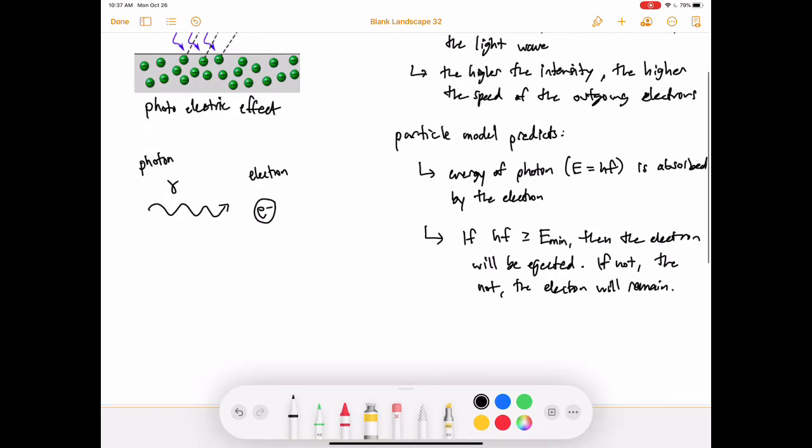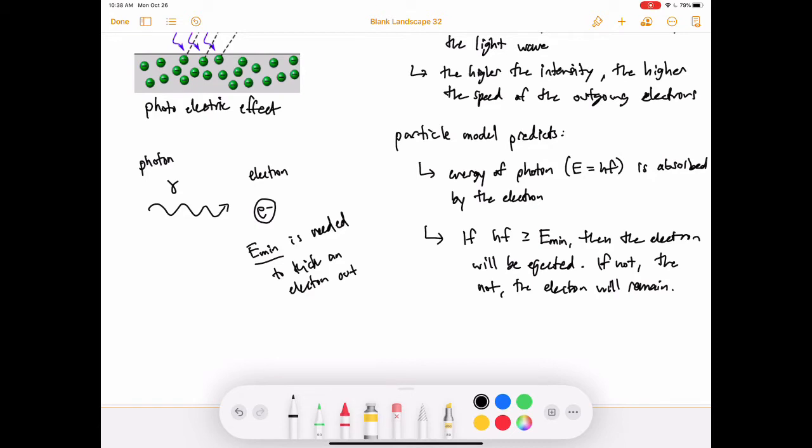So this minimum energy is what's needed to eject the electron from the metal. Depending on what the metal is, there will be a different value of E min, but there's some minimum energy needed to kick an electron out. If the photon has that energy, it will kick the electron out.